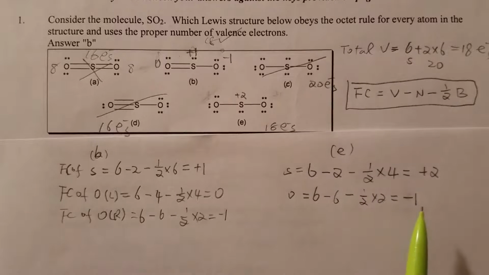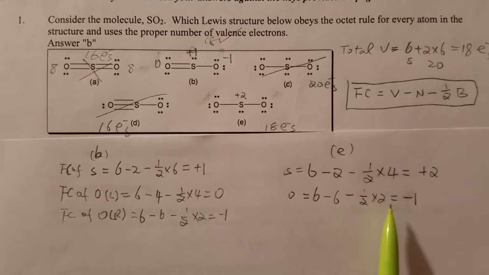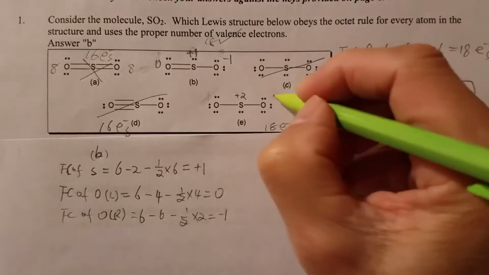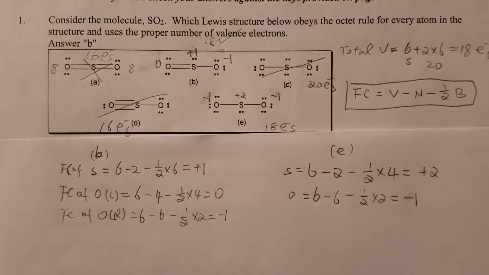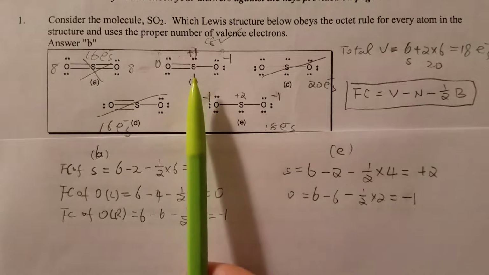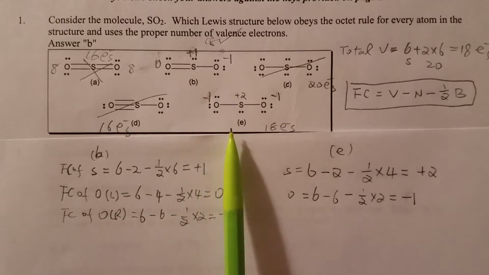Let me make a correction. Actually, there should not be positive 1, it should be a negative 1. That's a simple calculation error right there. So that will be negative 1, negative 1. Now, according to the rules, using formal charges to determine the favorite structure, the lower the formal charge, the more favorable.